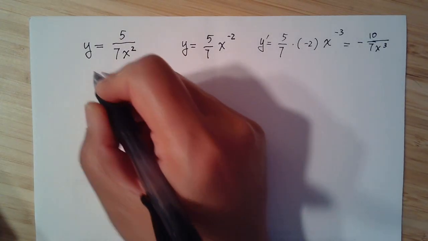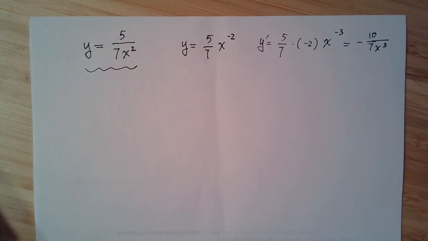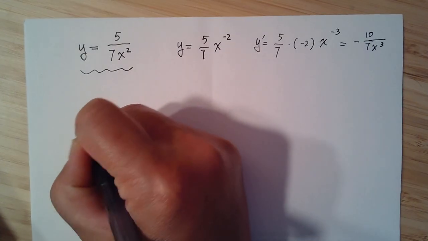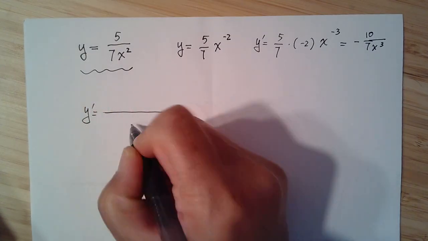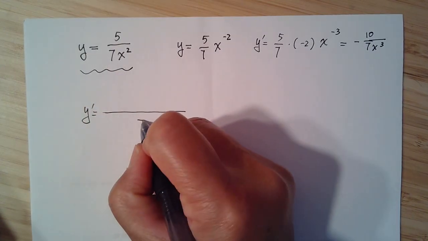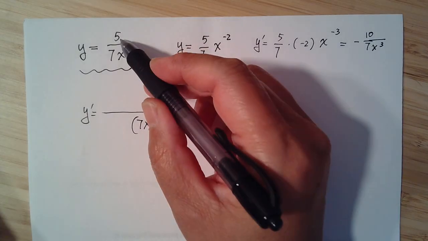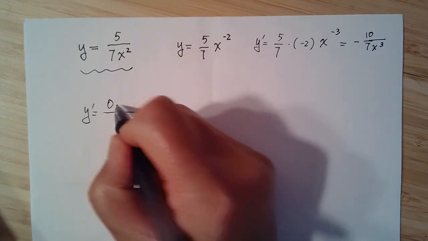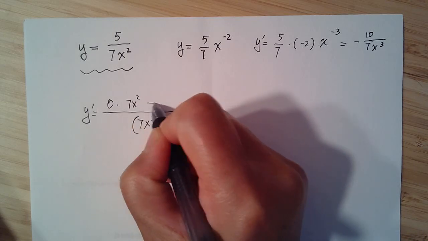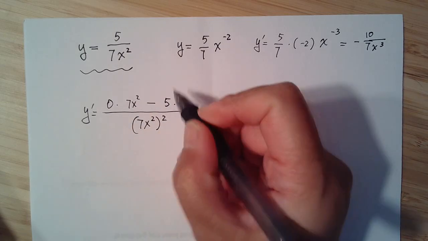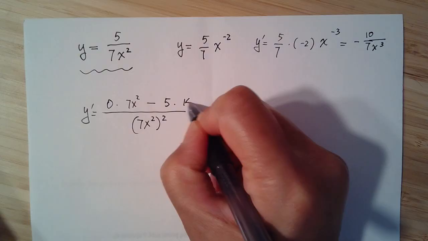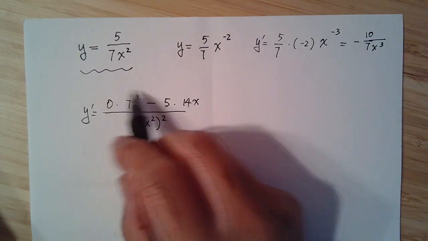So you can do that, or you can use the quotient rule. So y prime will be the denominator squared, so it's 7x squared and then squared. And then the numerator prime, which is 0, times the 7x squared, minus the numerator times the denominator prime, which is 14x. So the first part is nothing.